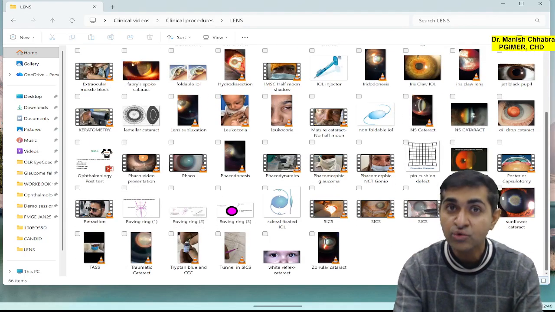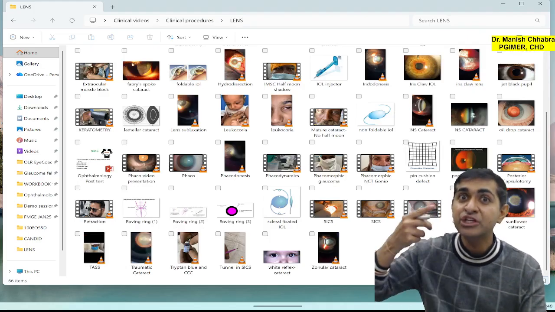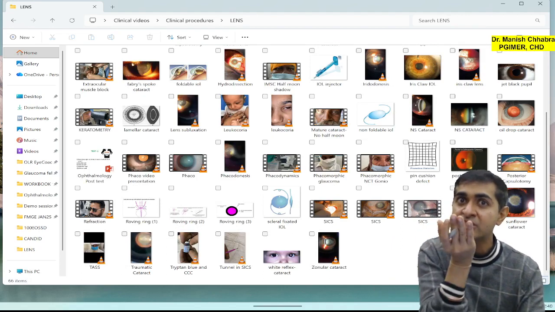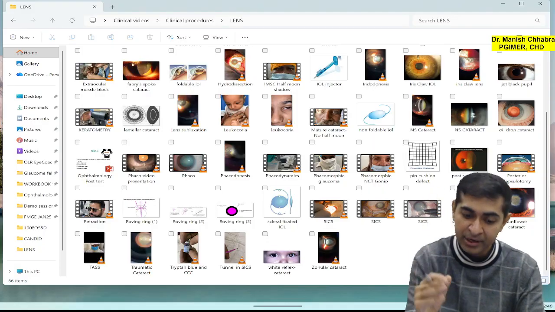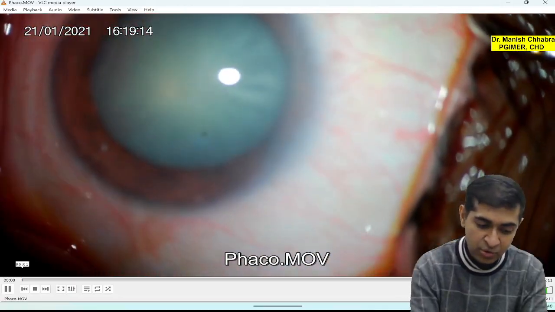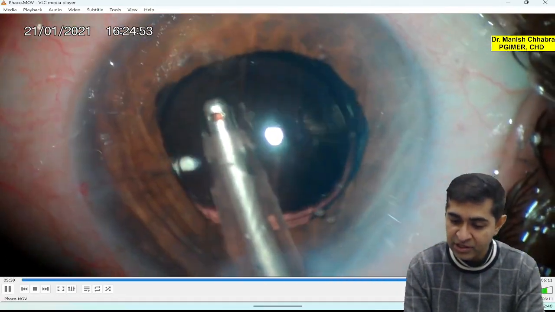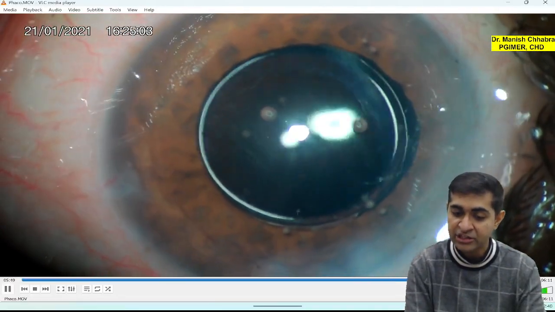And sometimes while doing cataract surgery, even if there is Descemet detachment, we inject air in the anterior chamber, which will rise up and push back the detached layer of Descemet membrane, and it will help in recovering the Descemet detachment. So I am going to show you the end point of the surgery where everything is done and in the end the air is being injected in the anterior chamber.